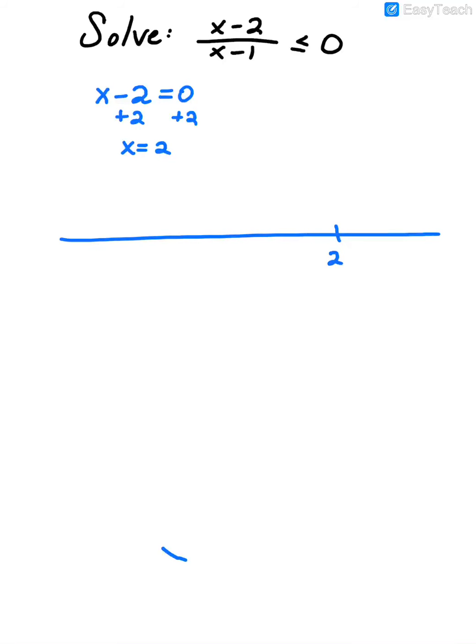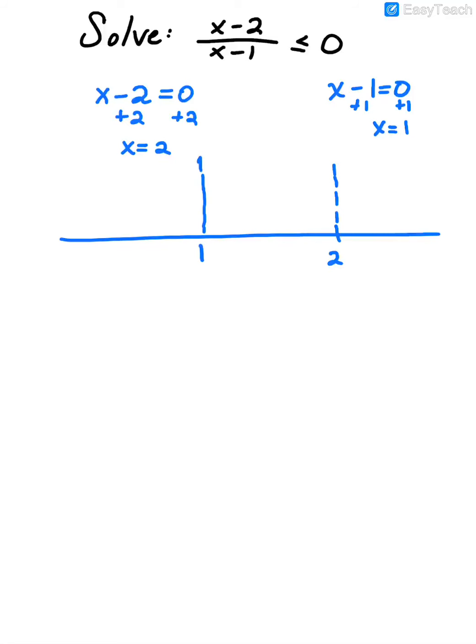And then what makes our rational expression not exist? If we set the bottom equal to 0, then that value again partitions our graph into 3 different intervals. Okay, so now we will use test points on our 3 different intervals.